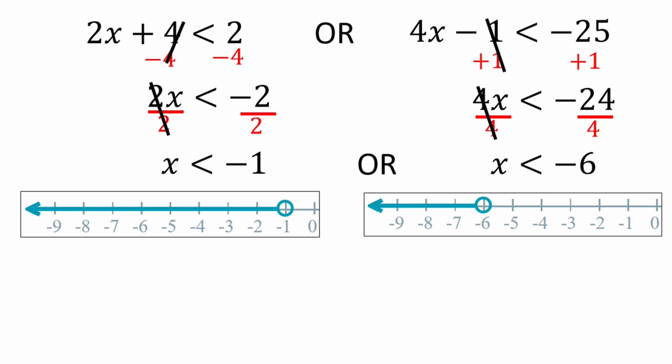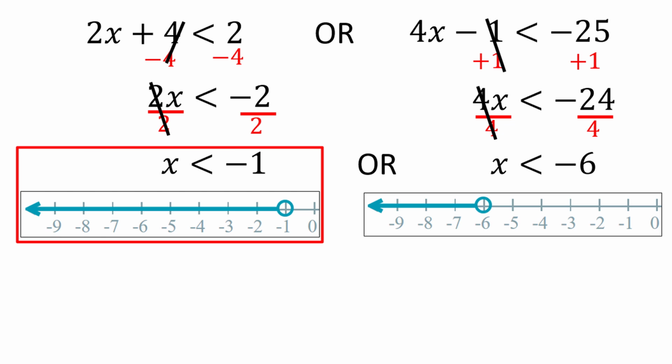Since our two inequalities are joined by an OR statement, we need the solution that includes the area in either the first or the second graph. Another way to think about it is that the solution contains all numbers that are shaded in either of the two graphs, which in this case is simply x is less than negative 1.